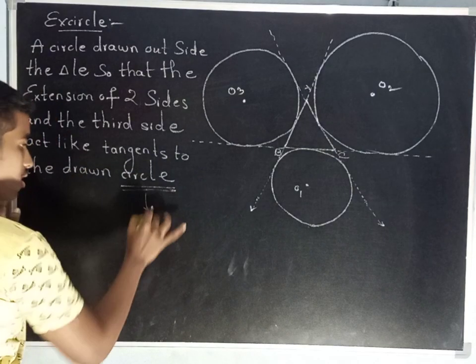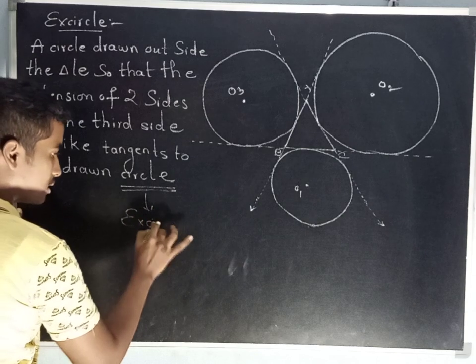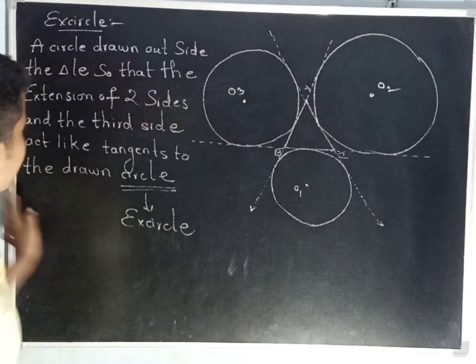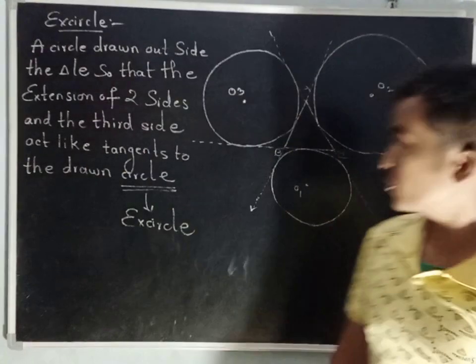This circle is called an excircle. This is how we can define the excircle.